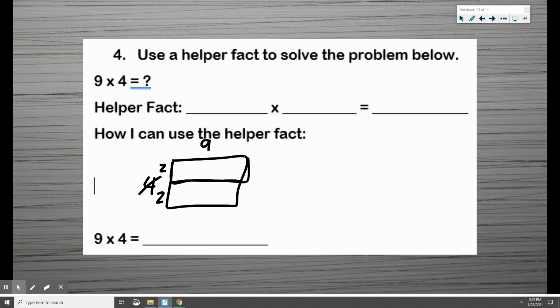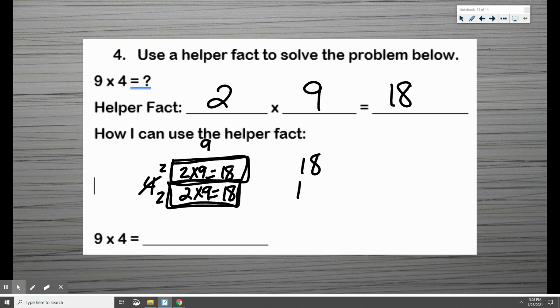This first area is going to be 2 times 9, and that equals 18. The second area will be 2 times 9, and that also equals 18. So the helper fact that I use is 2 times 9 equals 18. When I do 18 plus 18, that equals 36. So 9 times 4 is 36.